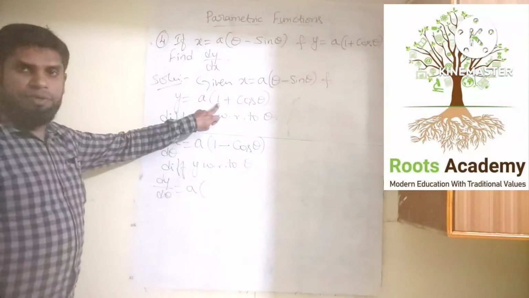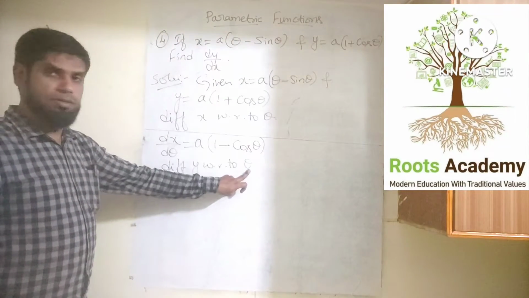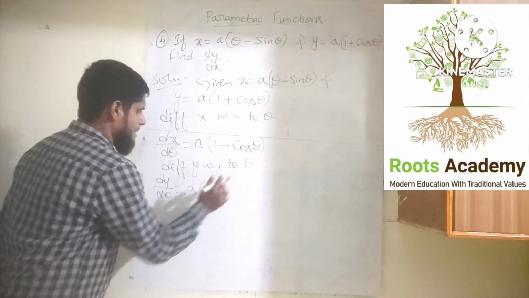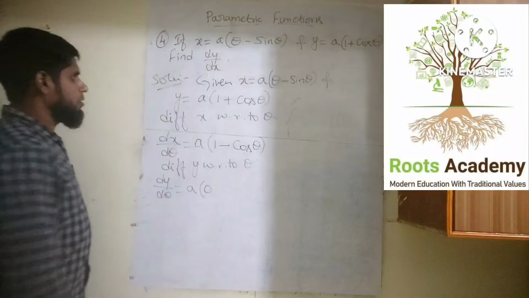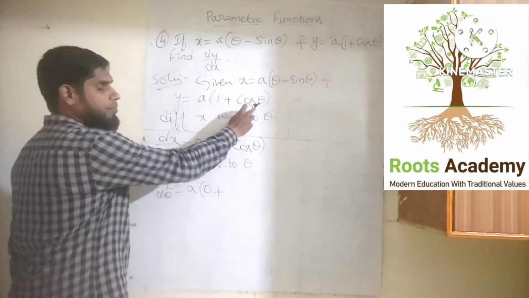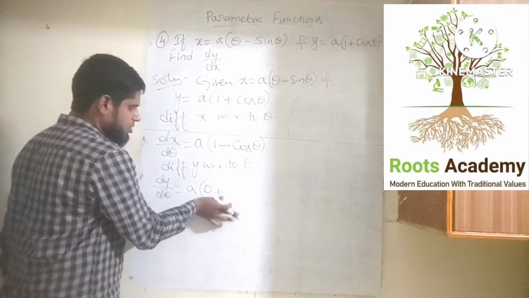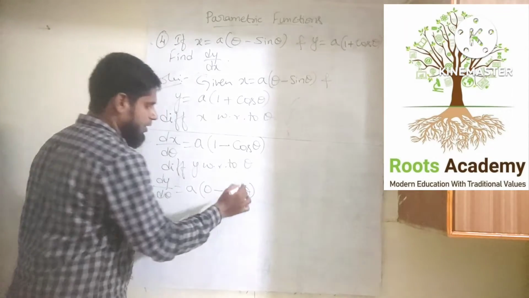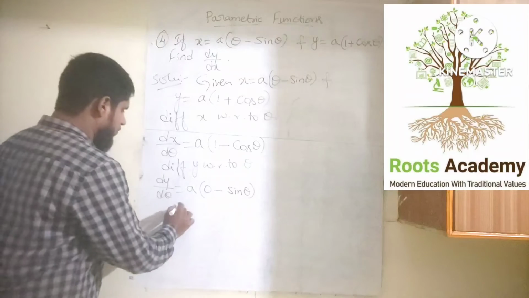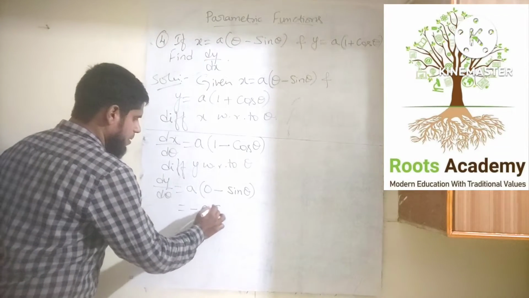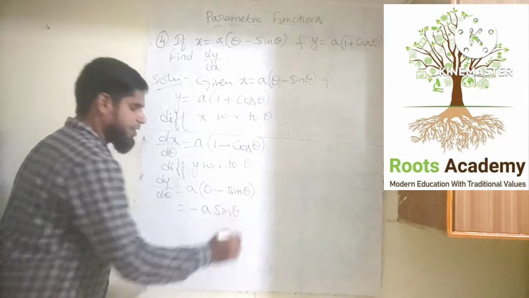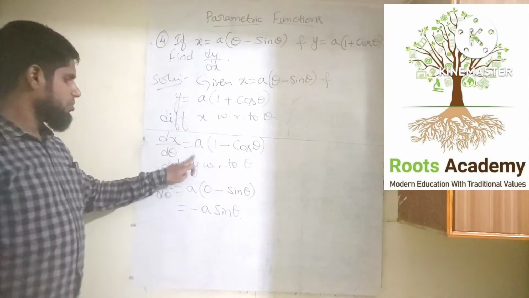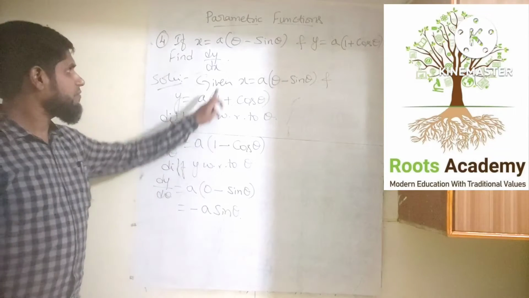The derivative of 1 with respect to theta is 0, plus the derivative of cos theta, which is minus sin theta. So plus into minus is minus sin theta. Finally, I can write this as minus a sin theta. These are the derivatives of the two given functions.